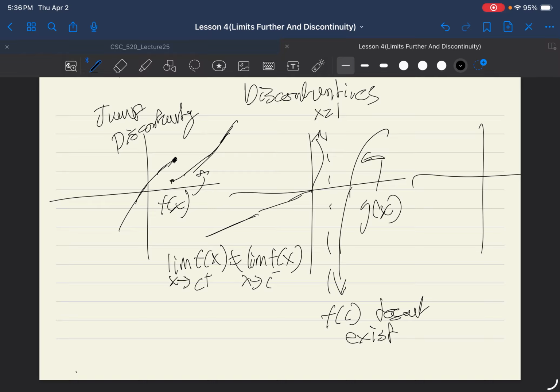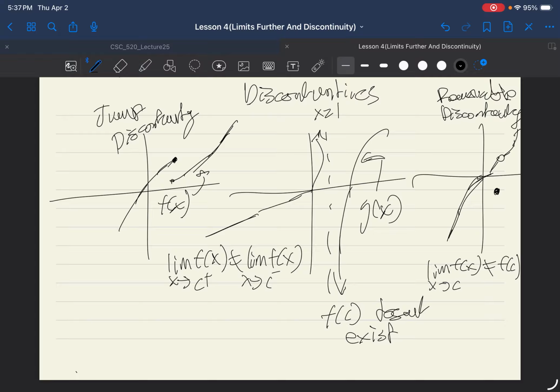And then we have the removable discontinuity. We call this a removable because in some scenarios you can remove that discontinuity. It's what we also call a hole. It's basically the one point in a graph where the limit as x approaches c of f of x, well, it can be the one point, is not equal to f of c, which leads to that discontinuity in that particular point.